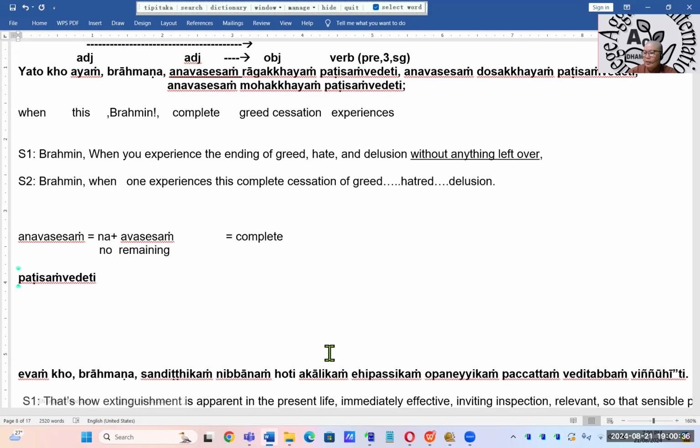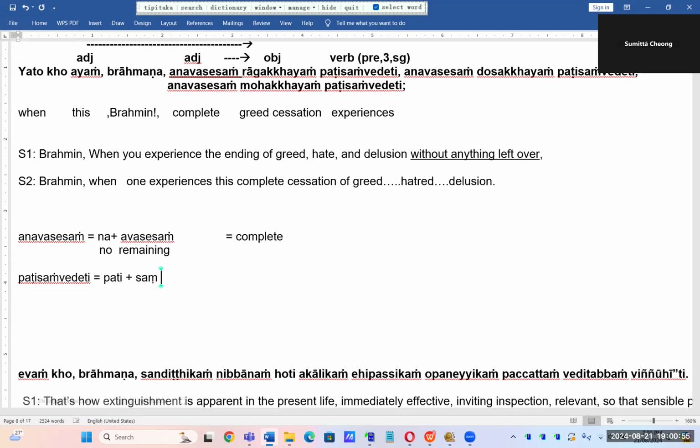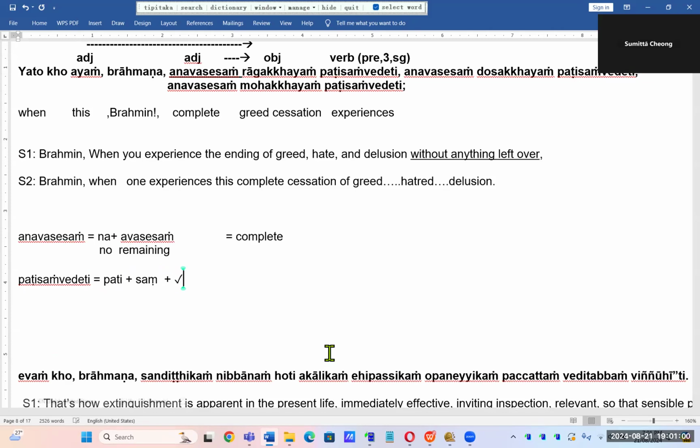Okay, Sumita, can you say what the prefix can be for this verb? Pati is complete. Sam is together. Plus, to experience, to feel.